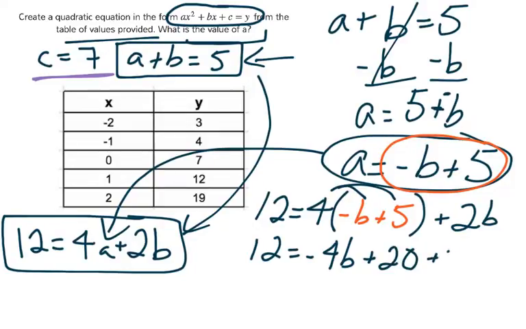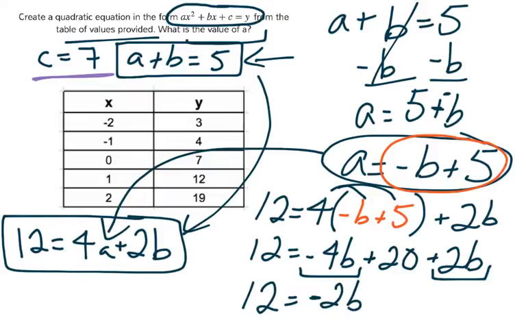And then I still have a 2b right here. Great. Combine like terms, so I have a negative 4b and a positive 2b, which gives me 12 equals negative 2b, right? So negative 4 plus 2 still is negative 2, and that's b, plus 20.